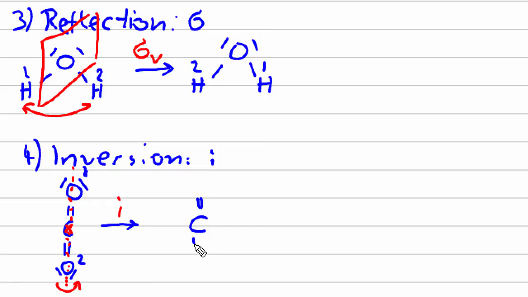It stays where it is. But the oxygen atoms change their location. This one is now oxygen atom 1, and this one up here is oxygen atom number 2. Meaning, all we did is we exchanged the position of these two oxygen atoms when doing this inversion symmetry operation.